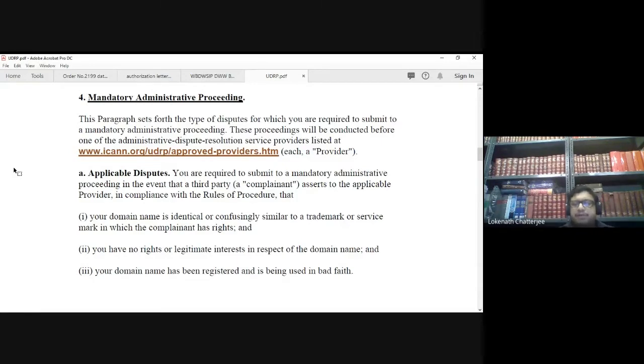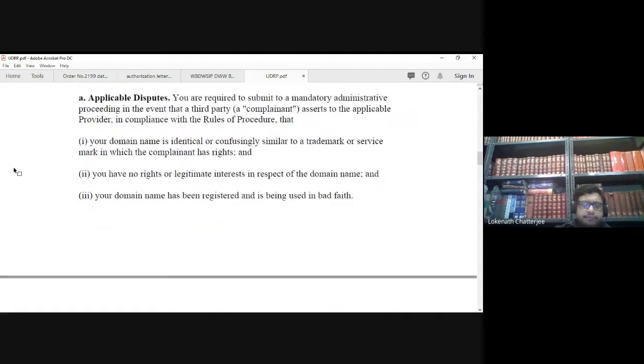For example, the WIPO Arbitration and Mediation Center is one. Now, this administrative proceeding is mandatory, and we will come to what are the types of disputes which can be referred to administrative dispute resolution. Now, first is who can apply for this administrative process.